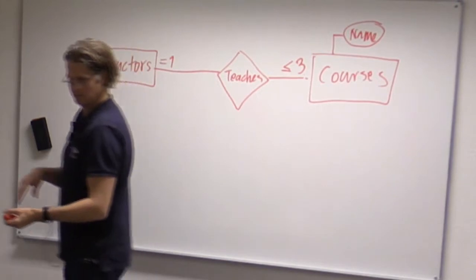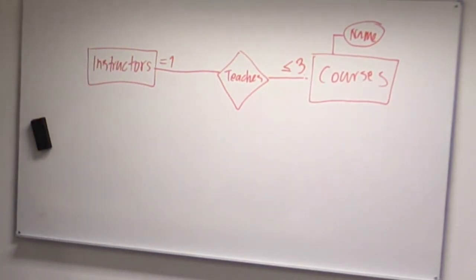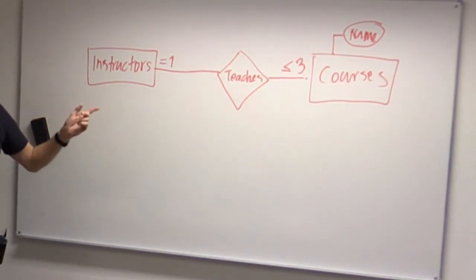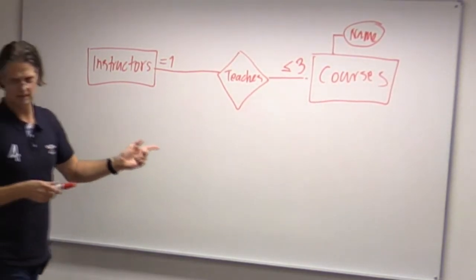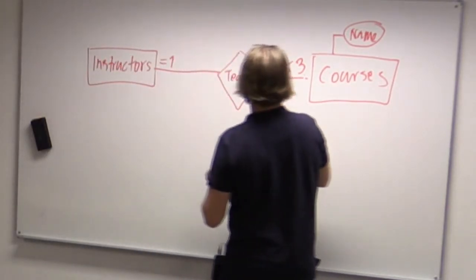Can you also force it like there shouldn't be any zero relation, if it should be greater than 0? Sorry? Should it be greater than 0? Like at least there must be one instructor. Yeah, sure.